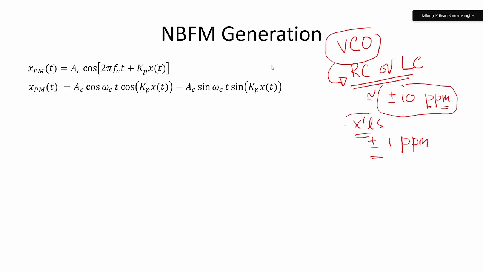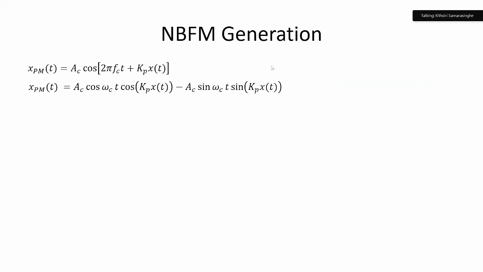For crystal oscillators, the problem is their controllability is poor, but stability is high. You can't vary the center frequency very much. So these are the two ends that we have. This is the reason that when you take a VCO, voltage controlled oscillator, you can't expect a very high stability at the center frequency. It will be drifting plus or minus 10 ppm within that range. Hope it is clear, Bandara.